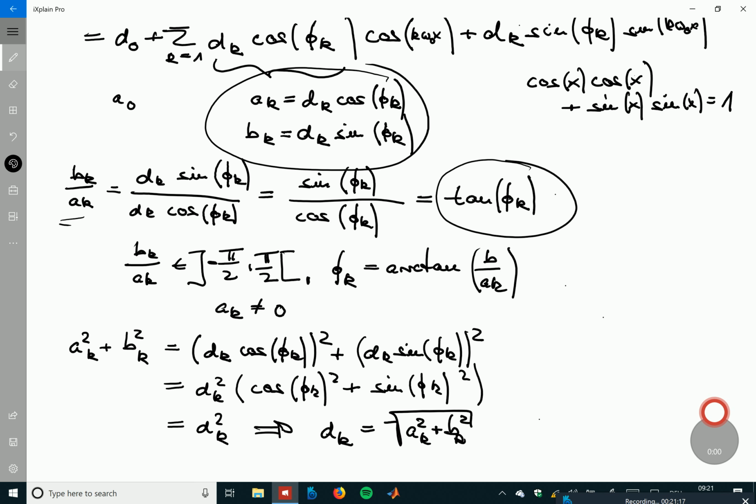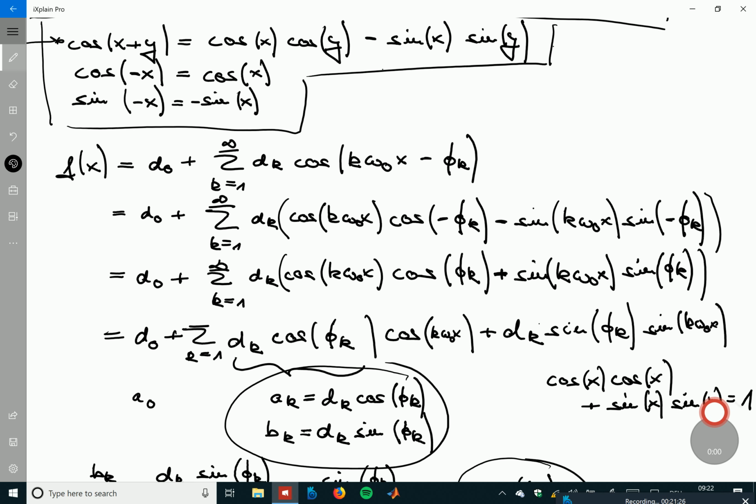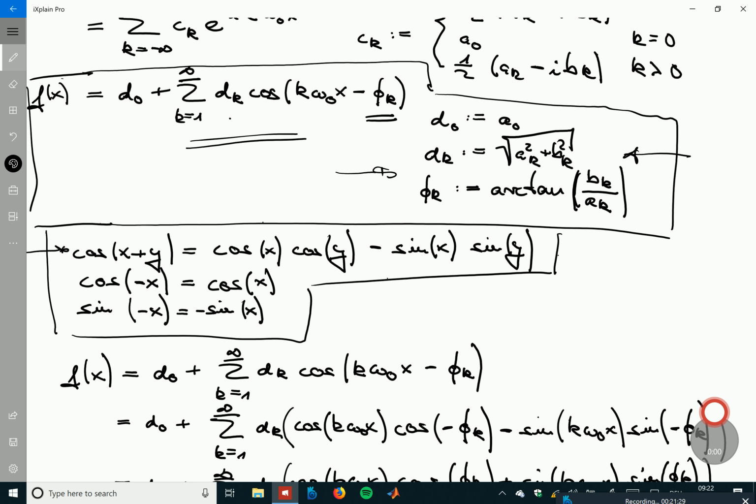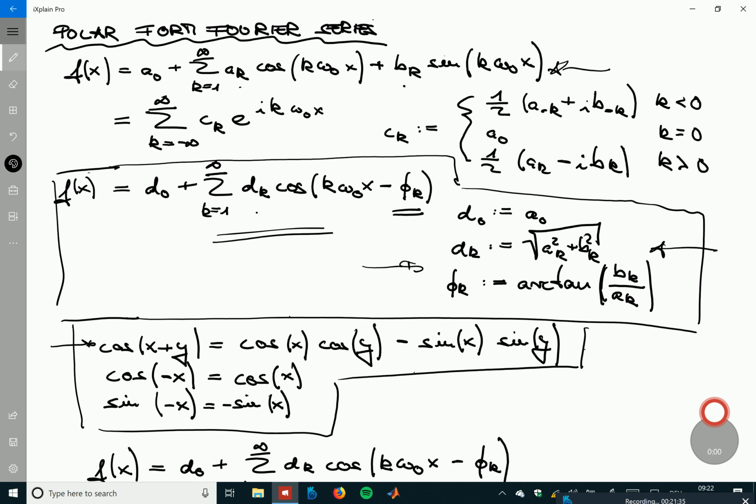They're like Pappbecher, you use them once and then throw them away. But anyway, they show how you get from the real Fourier series to the polar form of the Fourier series.